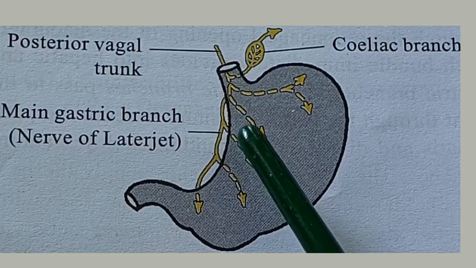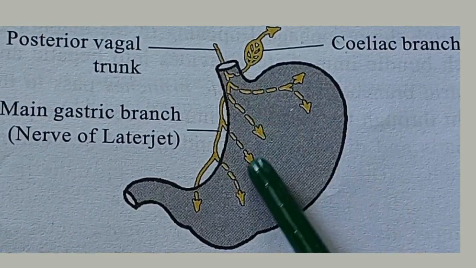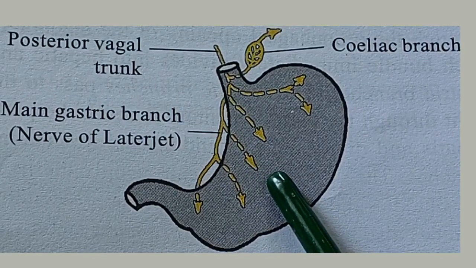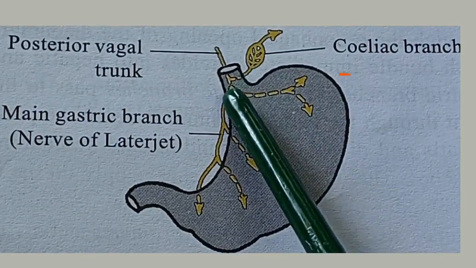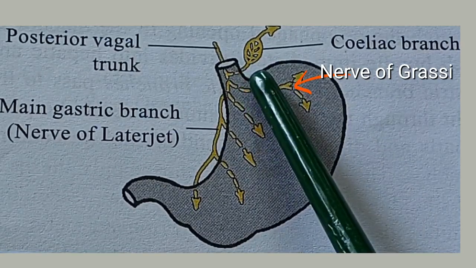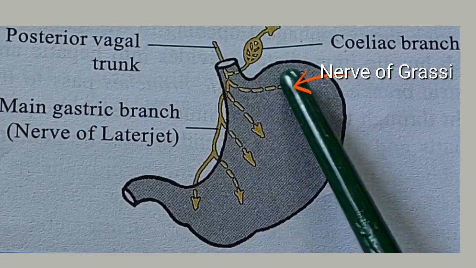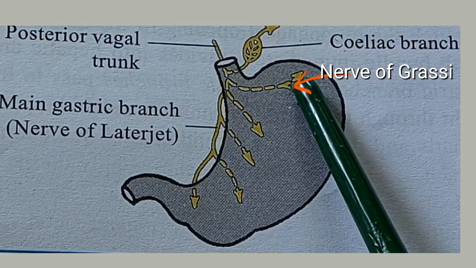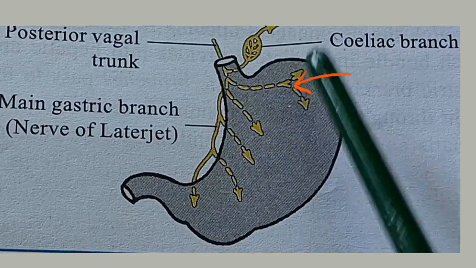In its course, it provides 6 to 10 branches to supply the postero-inferior surface of the stomach. Sometimes this posterior vagal trunk, near the gastroesophageal junction, gives a small branch to the fundus of the stomach that is known as the nerve of Grassi.